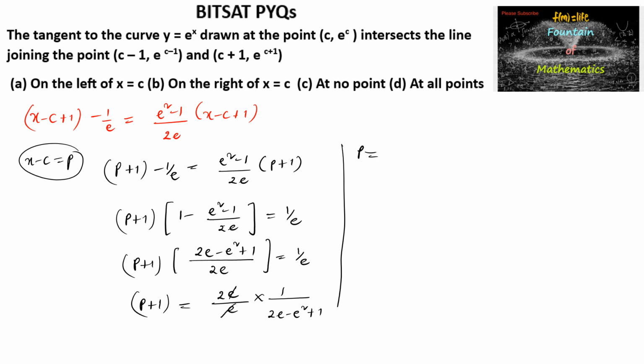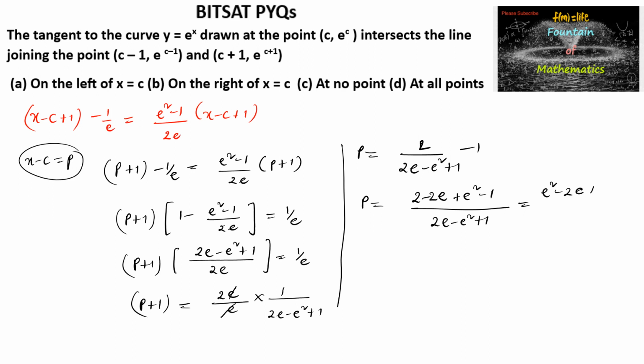or p is equal to 1 upon 2e minus e square plus 1, that is 2 upon minus 1. So we can write p is equal to 2 minus 2e plus e square minus 1 divided by 2e minus e square plus 1, that is e square minus 2e plus 1 upon 2e minus e square plus 1.